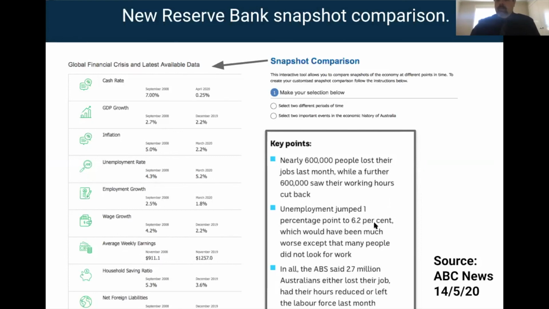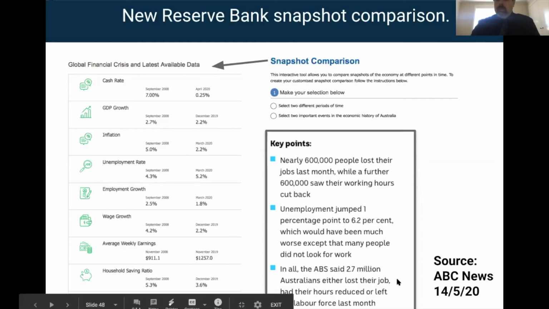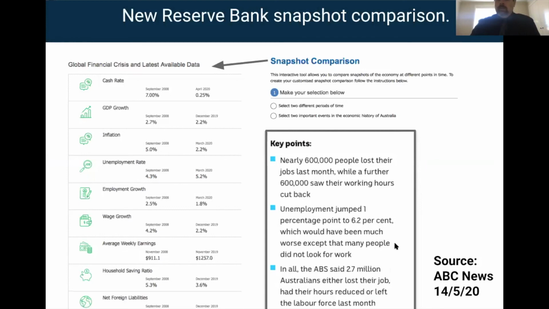The current rate is 6.2%, but many economists and writers believe it's still probably not a true reflection. 2.7 million people lost their jobs or had their hours reduced. If we recognise that as the middle of May, as these indicators change over time, we can look at those changes.